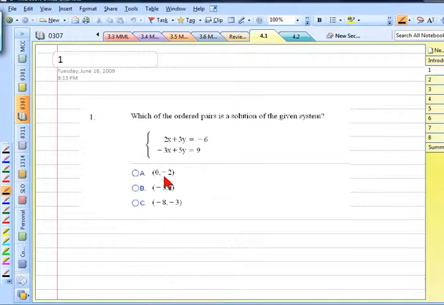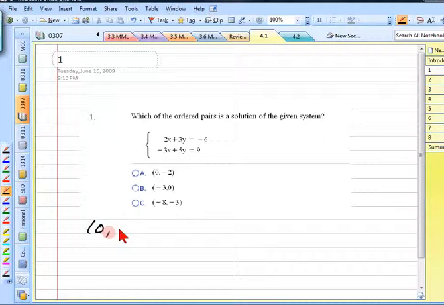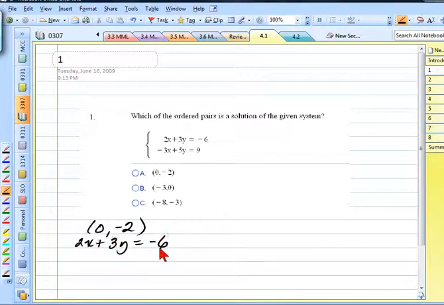So let's start with the point (0, -2). And I'd like to test it and see if it is a solution. Well, I have to test it twice. I have to test it in the first equation, and I have to test it in the second equation. All right, let's try the first one. I have 2x plus 3y is equal to -6.